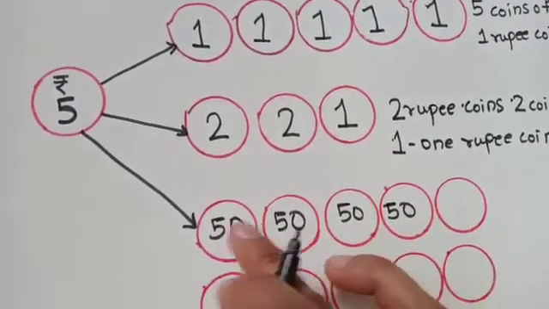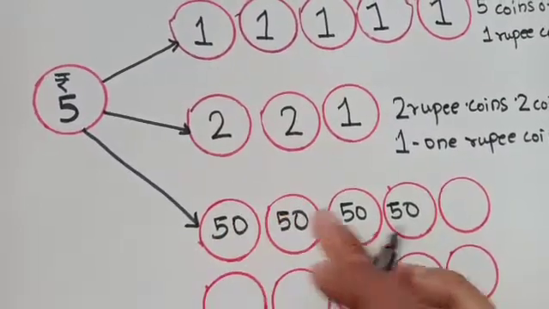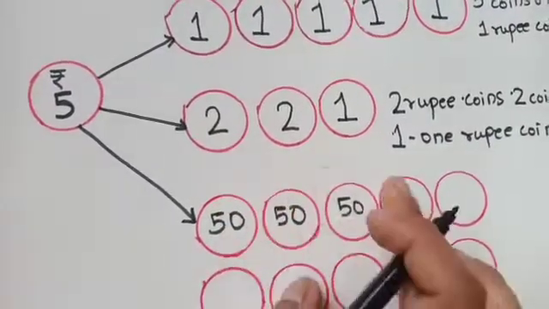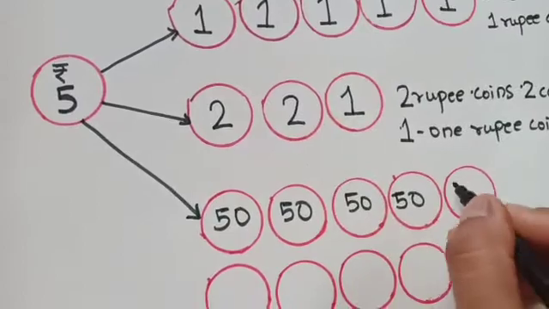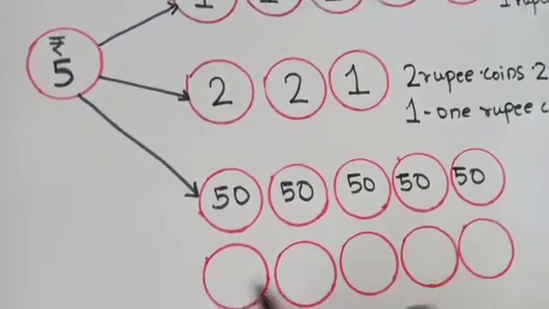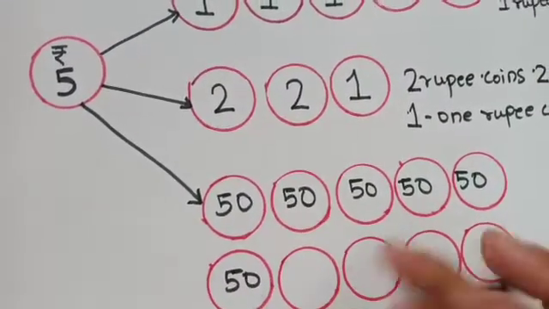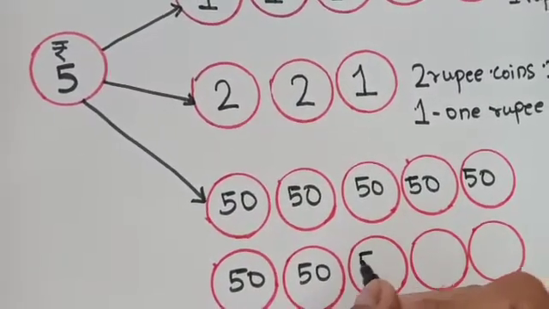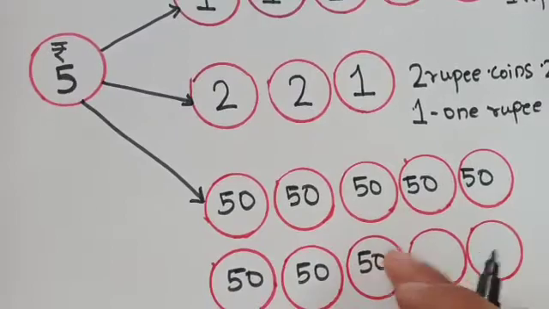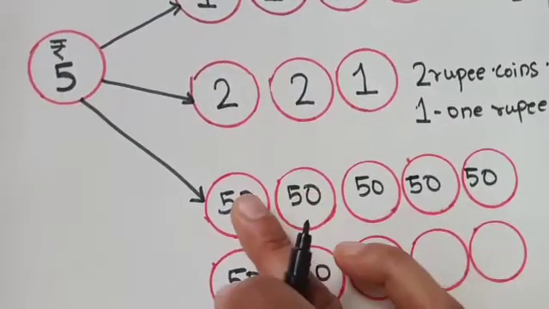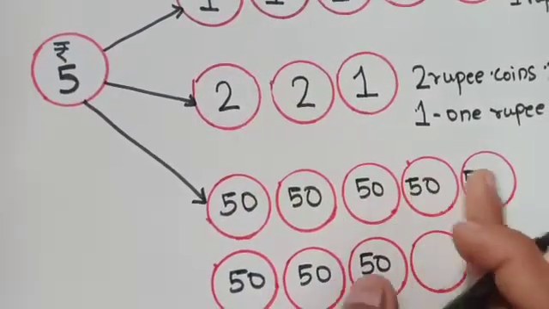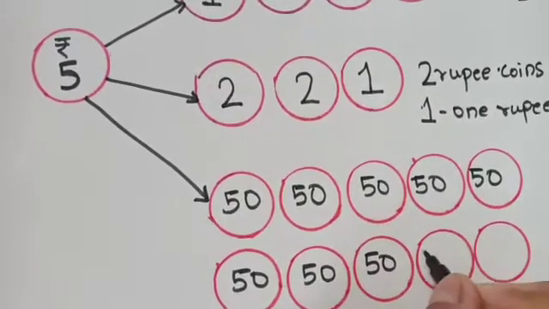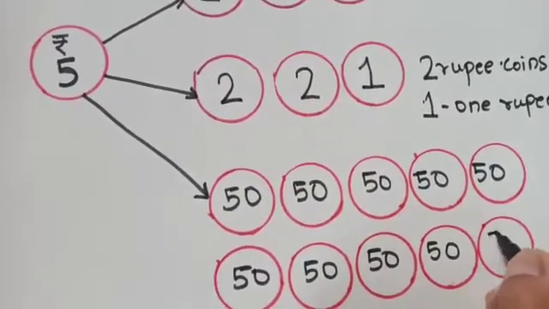How many has it become now? 1, 2, 3, 4. 4 coins of 50 paise is how much? 2 rupees. Now again 50 plus 50 will become 1 rupee. This has become 1, 2, 3, 4. More 2 coins of 50 paise.